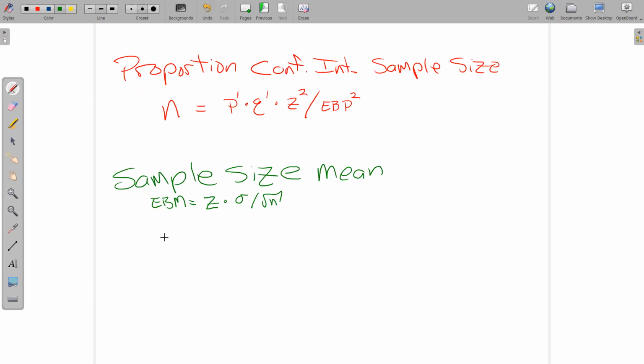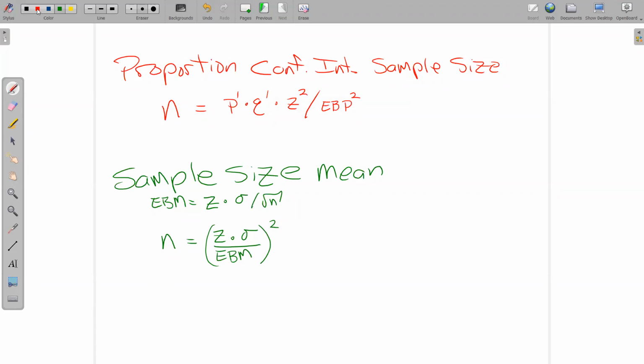When I solve that, I'm going to get n equals, z times sigma divided by the margin of error. And then to get rid of the square root, we have to square all of it. So that would be for a mean if I know sigma.